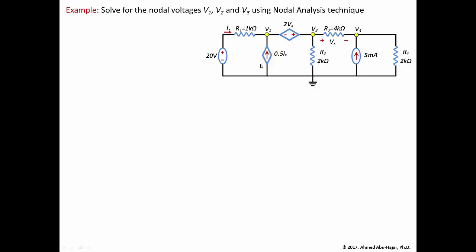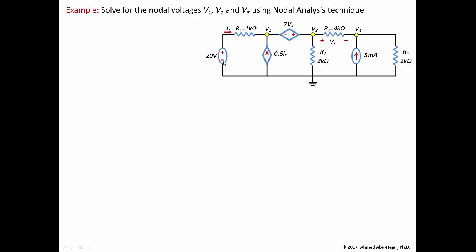Because in this circuit we are dealing with nodal analysis and we want to solve for V1, V2, and V3, we also need to express the dependent parameters, Vx and Ix, in terms of those nodal voltages.